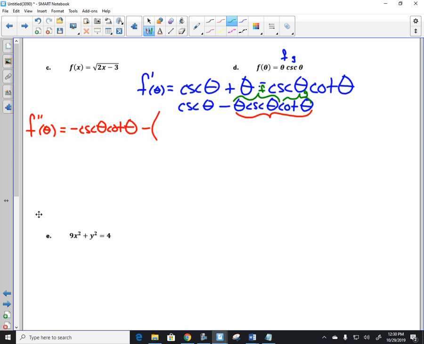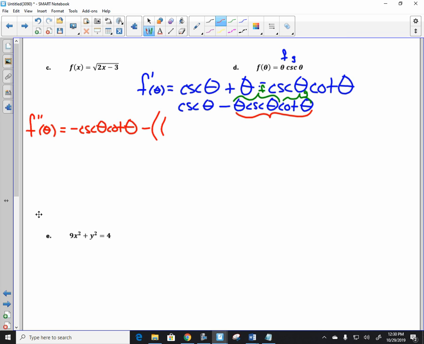It's right here, isn't it? Does everybody see that? It's important you notice that. I'm afraid not everybody's picking it up. I want to find the derivative of theta cosecant of theta, right? That's what we just found the derivative of, correct? So we already have that. It's right here. So we're going to use that.